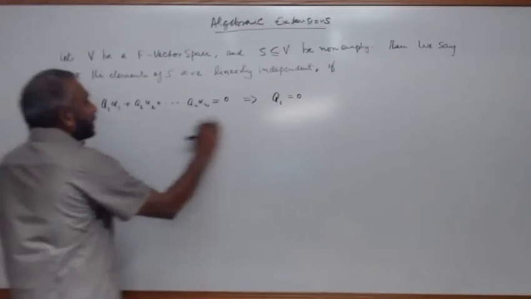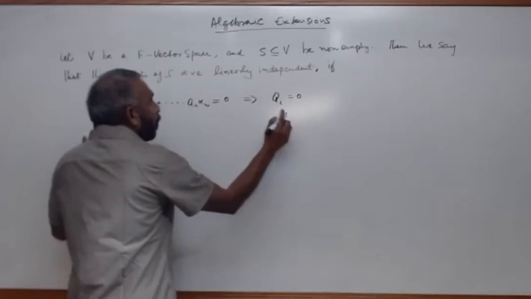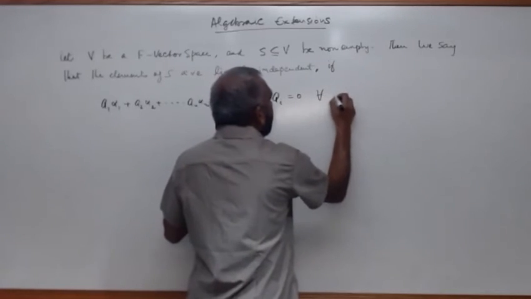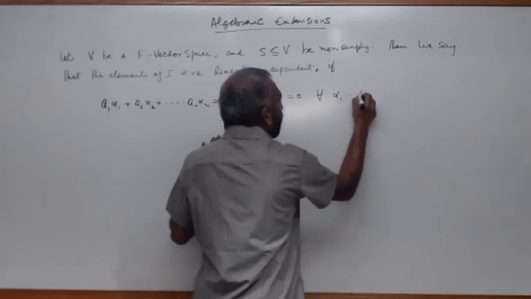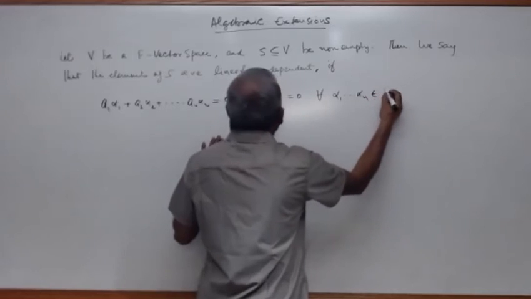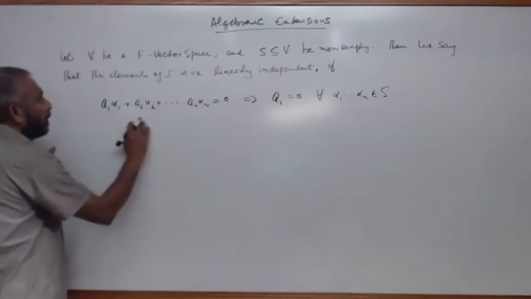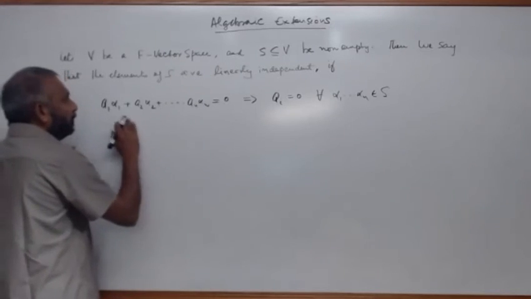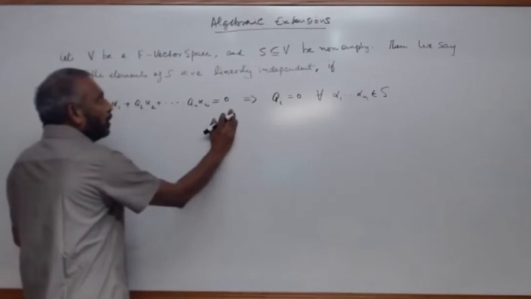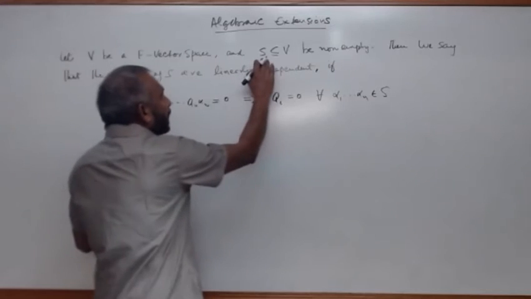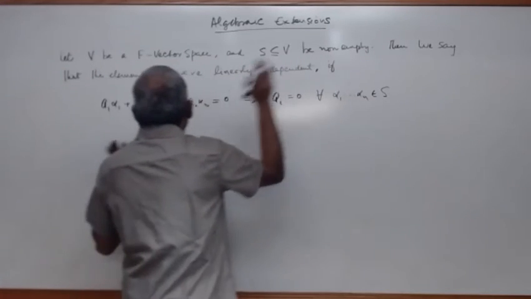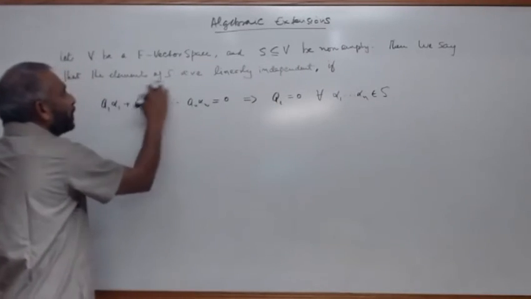If this condition is satisfied for all alpha 1 ... alpha n belonging to S, for any combination of these alphas, then S is linearly independent, or the elements of S are linearly independent.